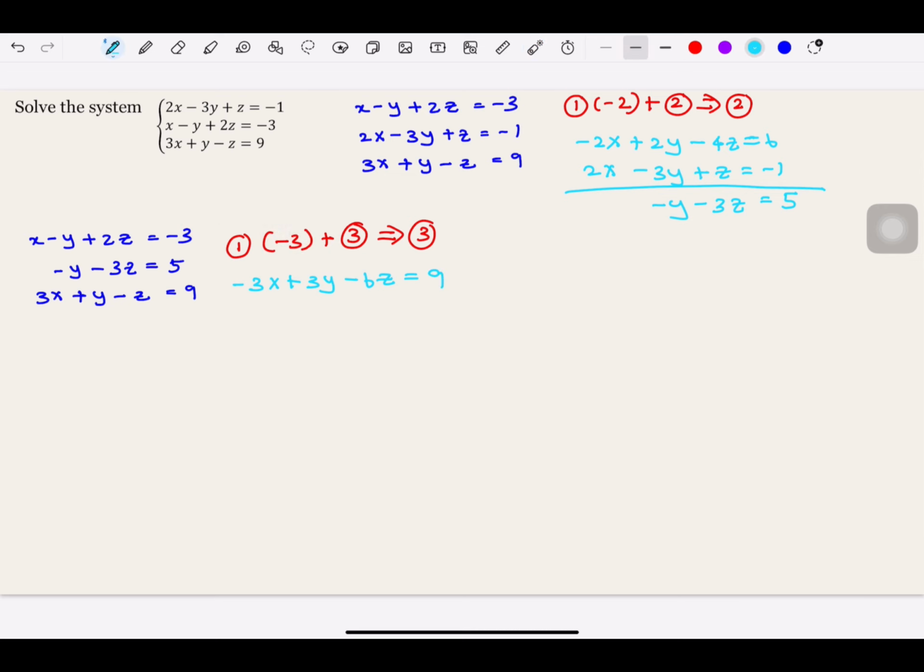And you write your third equation, which is this, and you add them together.